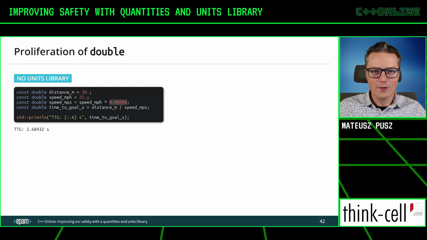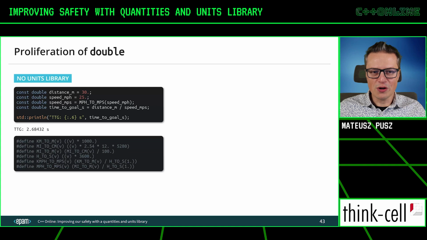Besides those postfixes that specify the exact unit, we also need some conversion macros to convert between different quantities, right? So here we convert the miles per hour to meters per second using some conversion magic number.